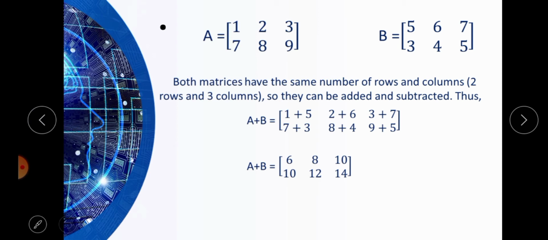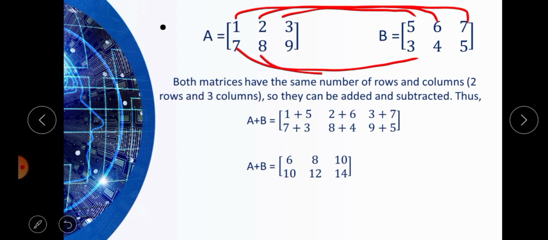Both matrices have the same number of rows and columns, 2 rows and 3 columns, so they can be added or subtracted. Thus, we need to add matrix A to matrix B. So, 1 plus 5, 2 plus 6, and 3 plus 7, 7 plus 3, 8 plus 4, and 9 plus 5. 1 plus 5 is 6. 2 plus 6 is 8. 3 plus 7 is 10. 7 plus 3 is 10. 8 plus 4 is 12.